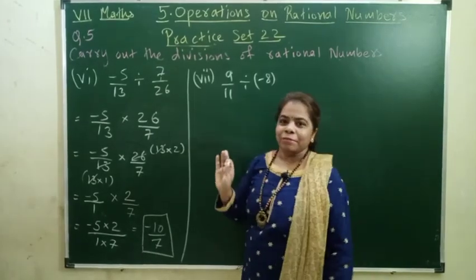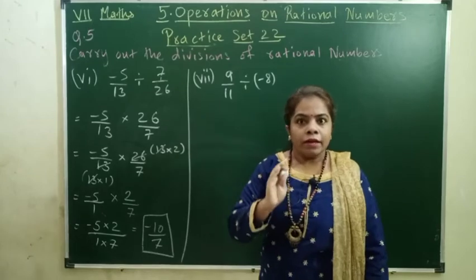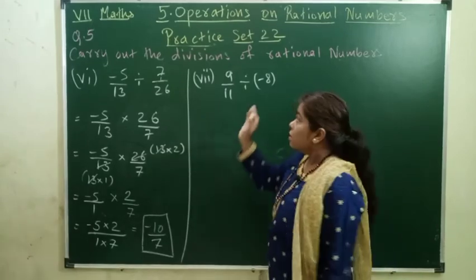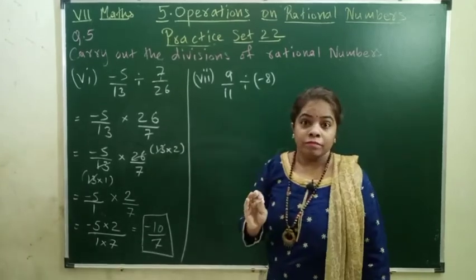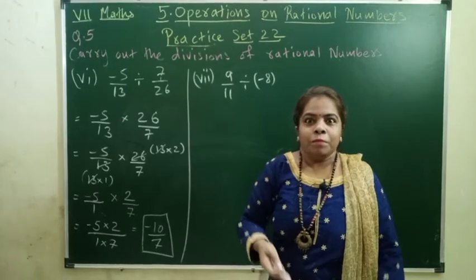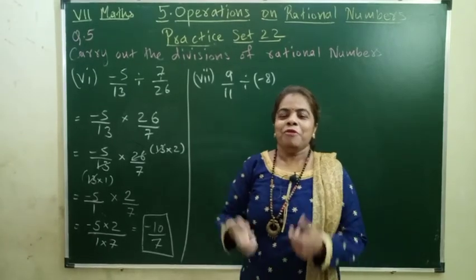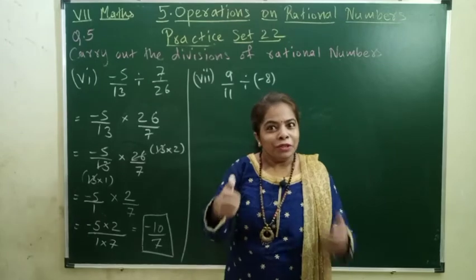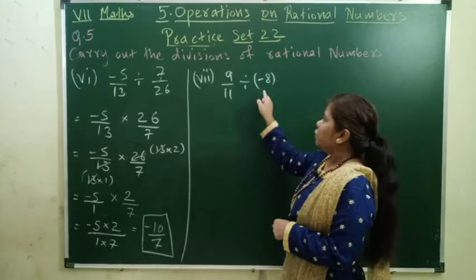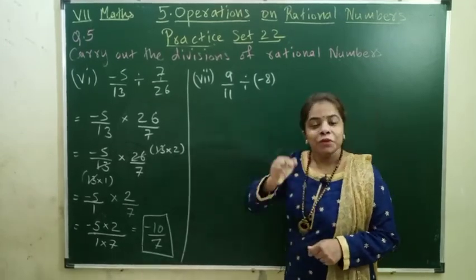Now let's move to the next sum. Now the seventh sum, children, this sum doesn't have a denominator in the second one. So what we'll do, we'll put 1. Very simple, very good, children. You all know it now. We are going to put 1 here because there is no denominator.